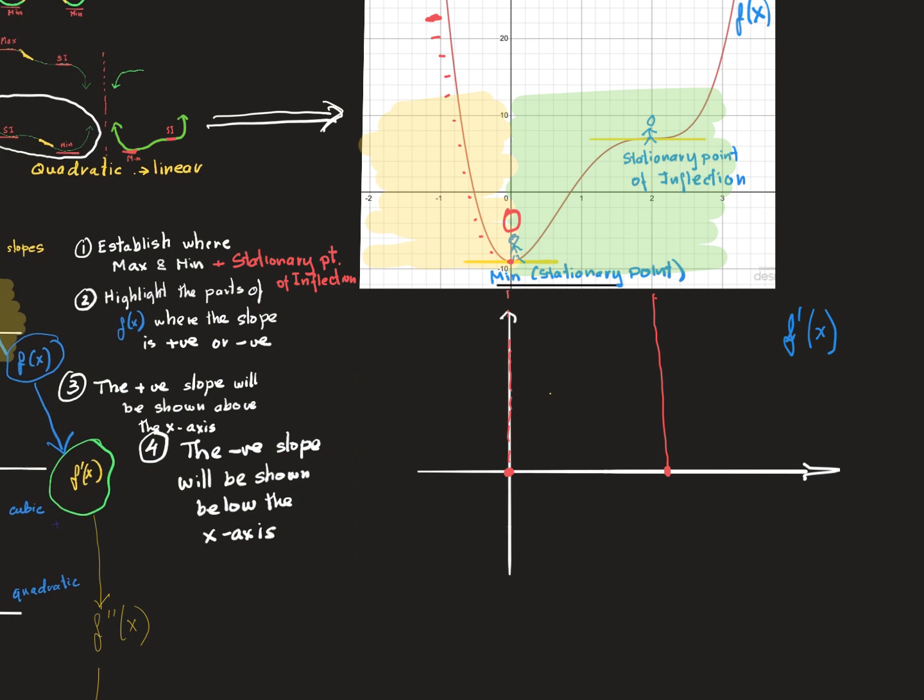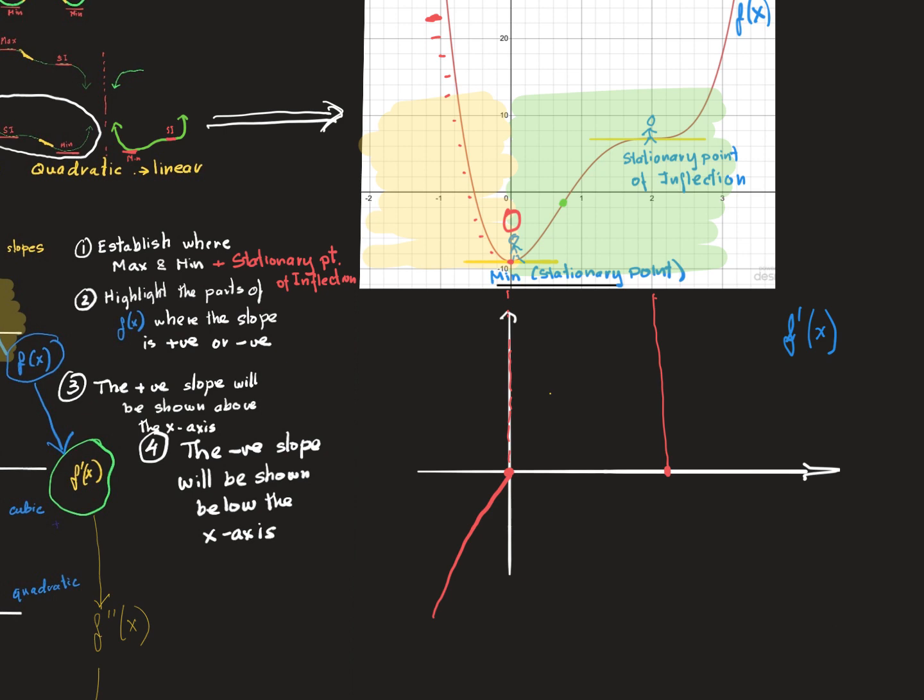So we can now confidently start with a very negative point on our derivative function and start drawing the slope as it goes to 0. And at this point, you also need to realize that between the minima and the stationary point, there is going to be another point of inflection over here, which is going to be non-stationary.